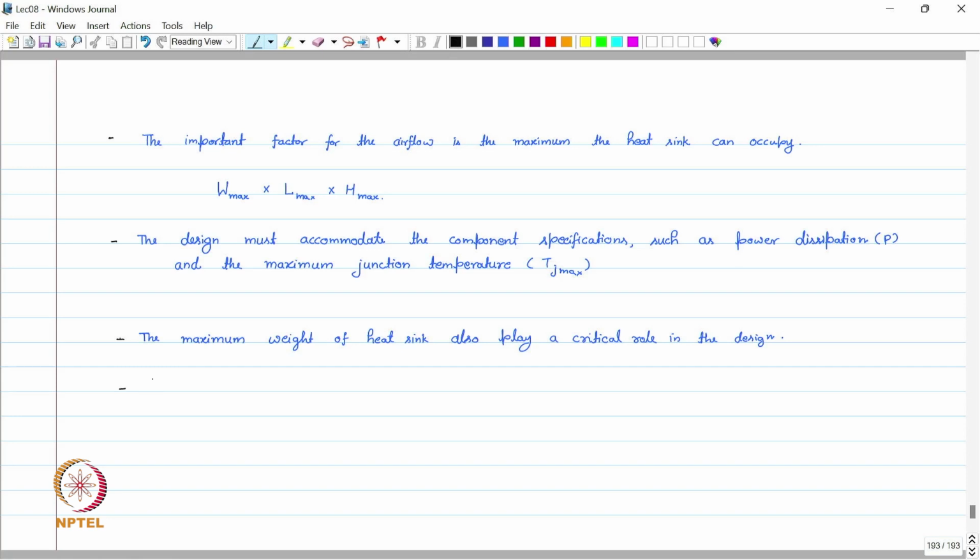And another critical factor is the overall cost of thermal solution. So these are some of the factors which we consider during the heat sink design.